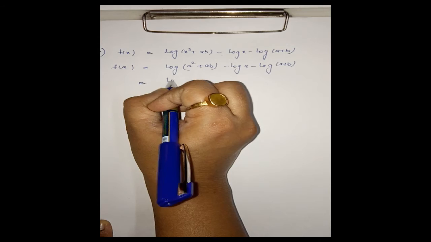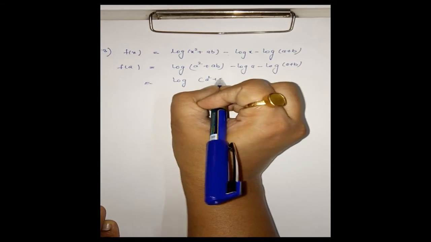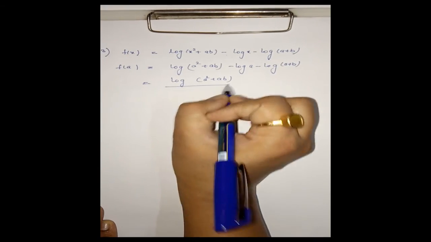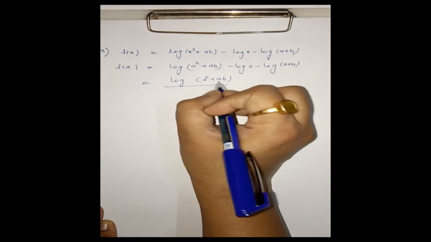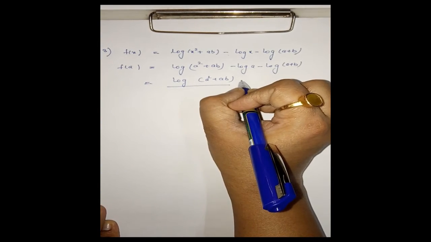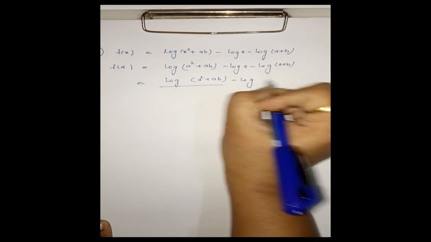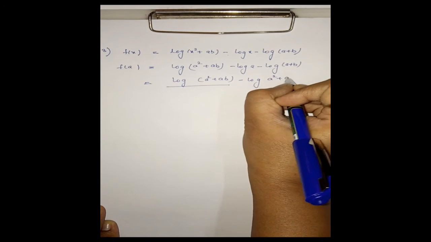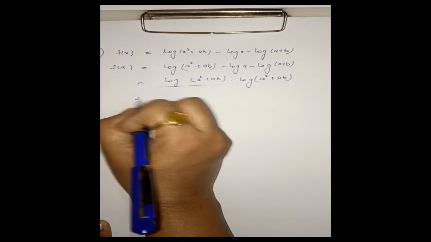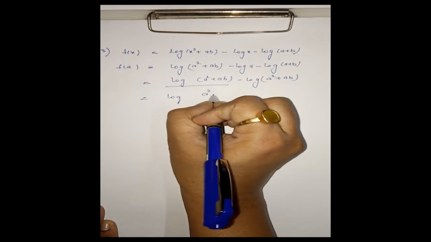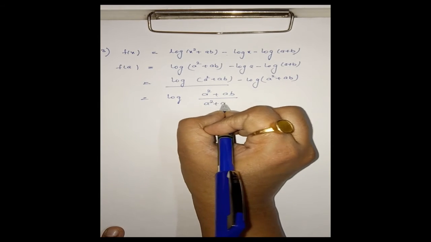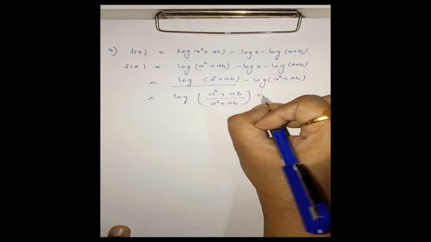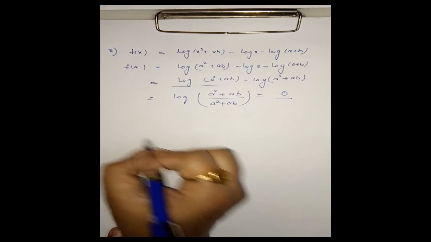That is, this is log (a square plus ab) minus log a(a plus b), and this can be written as log of (a square plus ab) by (a square plus ab), which is 0. Log 1 is 0.